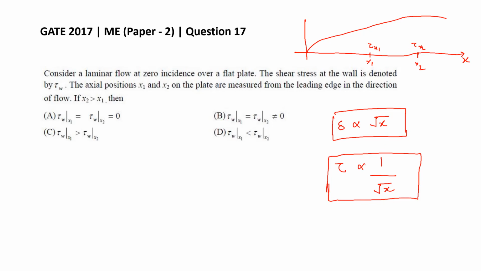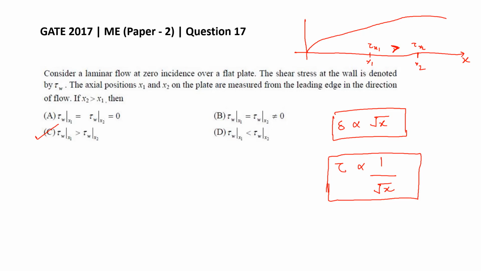Now, if you know this expression, meaning that tau is inversely proportional to root of x, then as x2 increases, the shear stress at the wall decreases. So this tau 1 will be greater than tau 2. Yeah, so C will be correct.